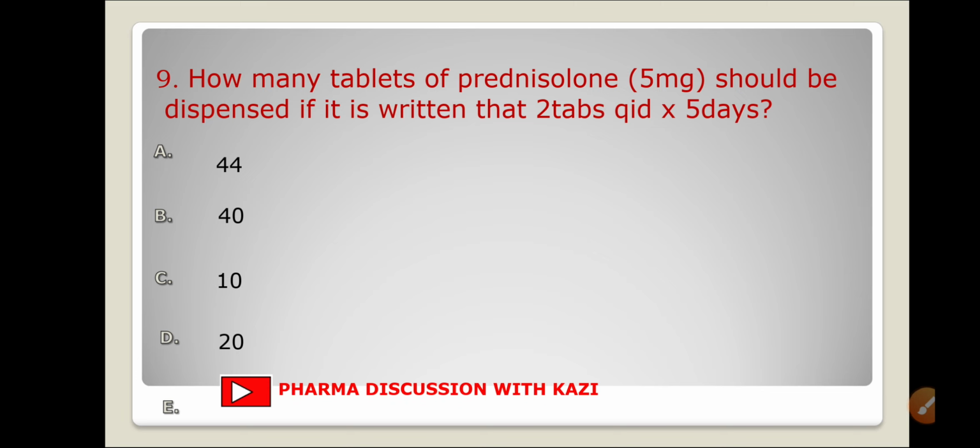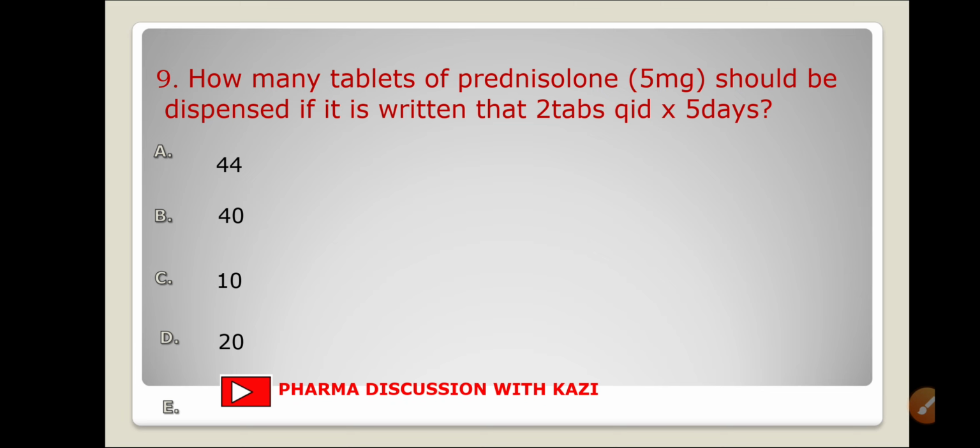Next question. How many tablets of prednisolone 500 mg should be dispensed if it is written that 2 tablets QID, that is quarter in die, that is 4 times a day, for 5 days? The options are 44, 40, 10, 20.